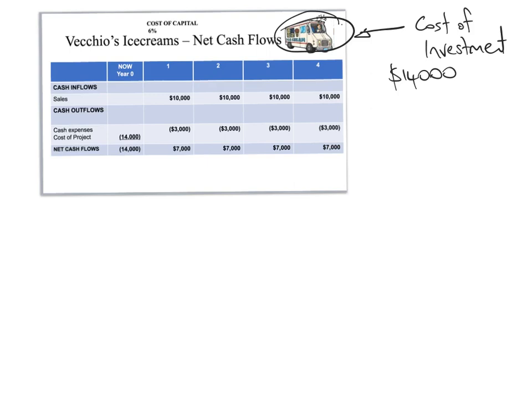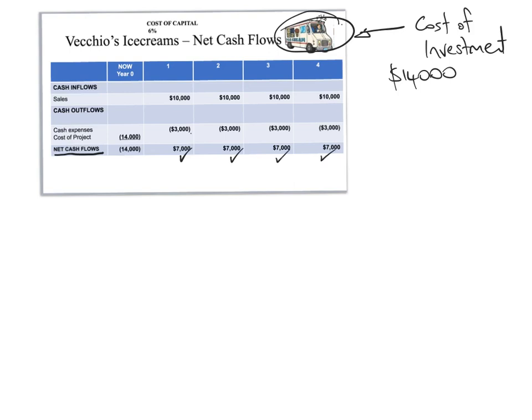And that's just a rough estimate of what we expect to earn each year from selling ice creams. Of course, we're going to have some outflows, and our outflows or our cash expenses, which is obviously the cost of buying the ice cream, starts from year one, 3,000, 3,000, 3,000, 3,000. And so to keep our example very simple, you'll notice that at the end of each year, our net cash flows are the same each year.